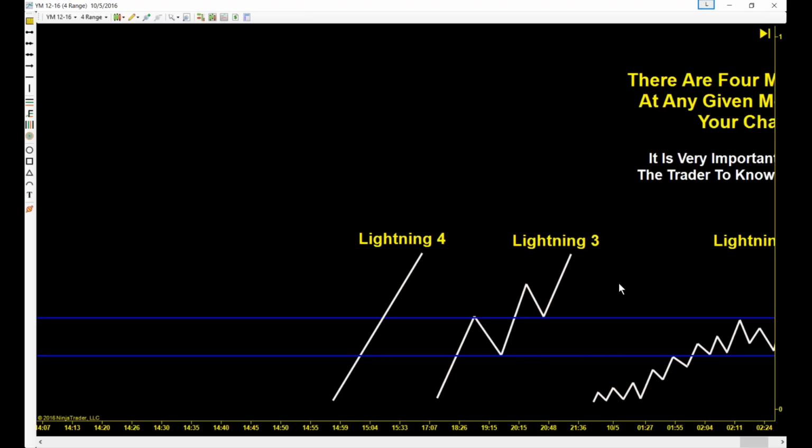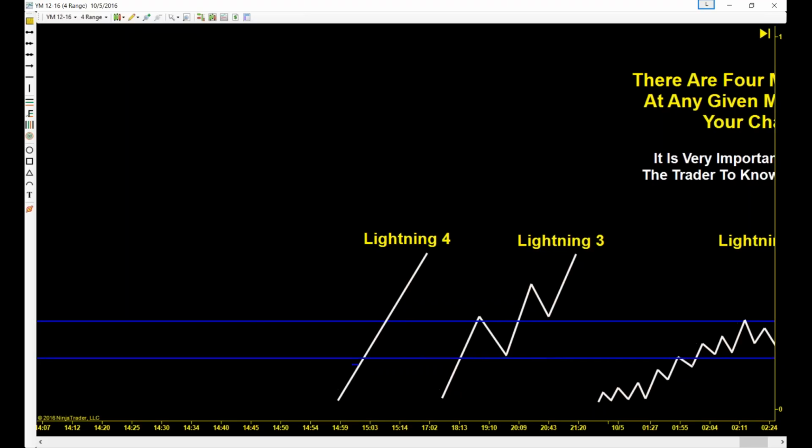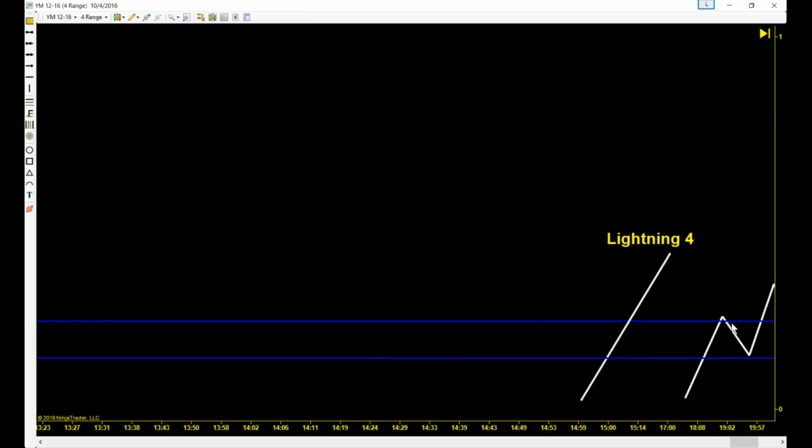All right, now if you were trading lightning 3, then obviously you'd have to look at your swings. Obviously a swing here, and you'd have that same swing down here again. See, so for instance, if you were trading lightning 3 and you saw this happen, high, low, higher high, that's your identified swing. Okay?